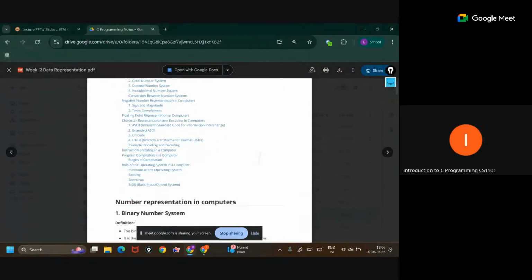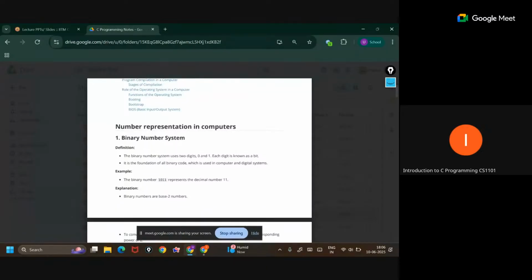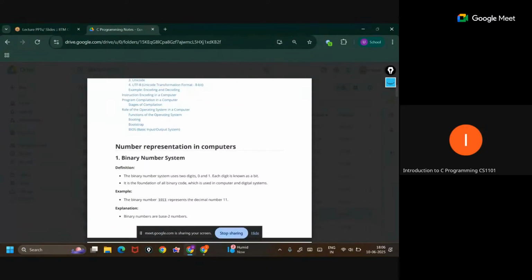So first comes number representation. Binary in the sense of zeros and ones. Yes, exactly, zeros and ones. So let's say I have a number 15 to the base 10. How to convert it to base 2? We divide by 2.